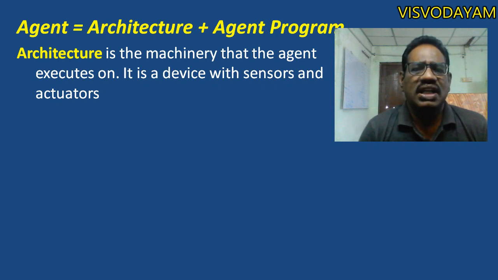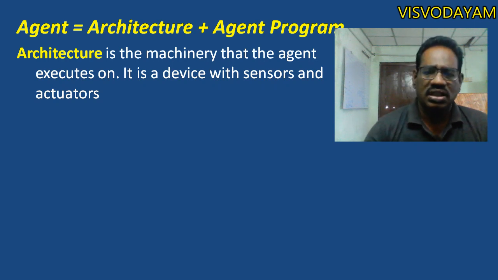The architecture of the agent is the machinery that the agent executes on. It is a device with sensors and actuators. The components like sensors and actuators come under the architecture of the agent.